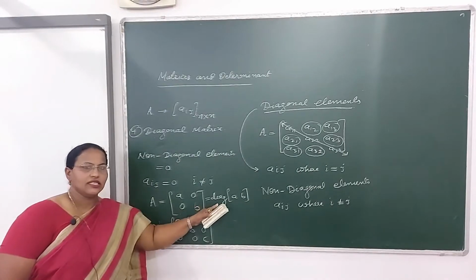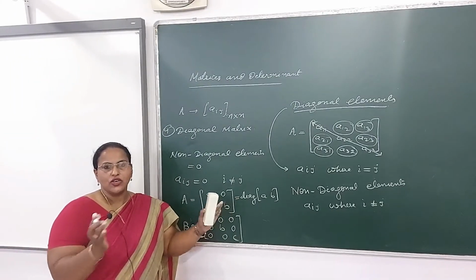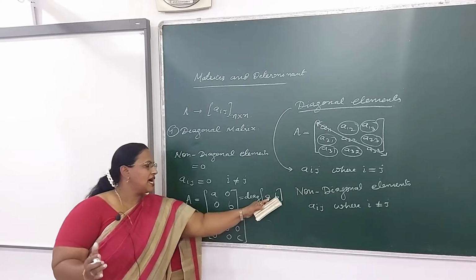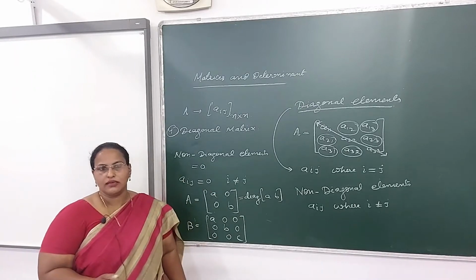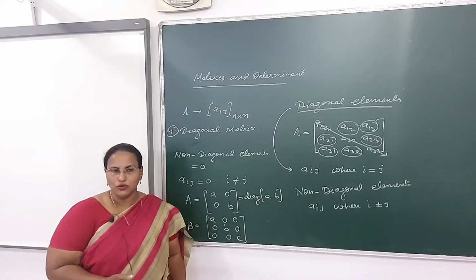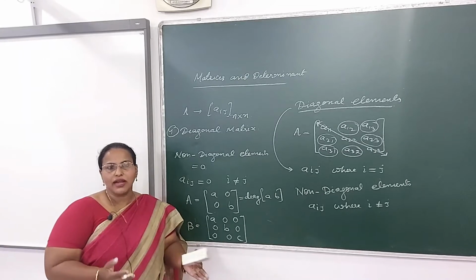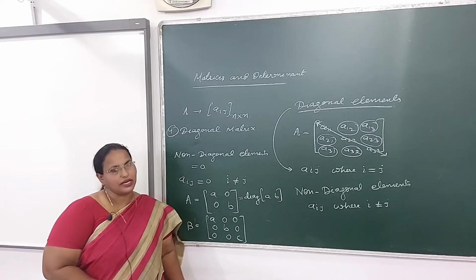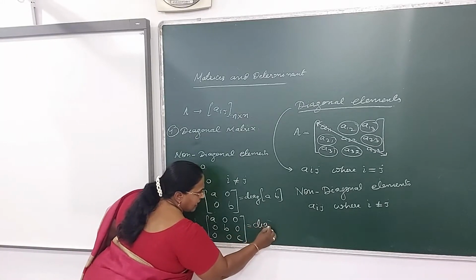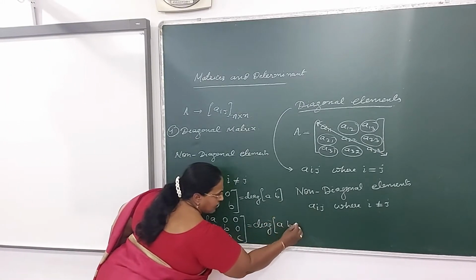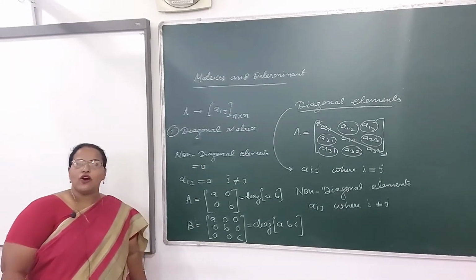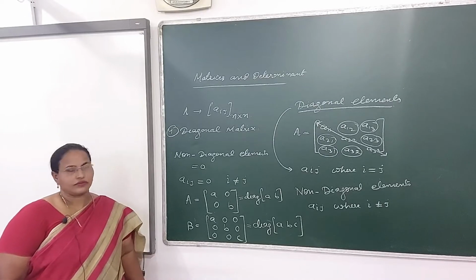If you are writing this, it is sufficient to mention a diagonal matrix whose diagonal elements are a, b. And obviously, this matrix is a square matrix of order 2 because diagonal matrices are supposed to be square matrices. Likewise, the B matrix you can write as the diagonal matrix diag(a, b, c). So this is the example of a diagonal matrix.